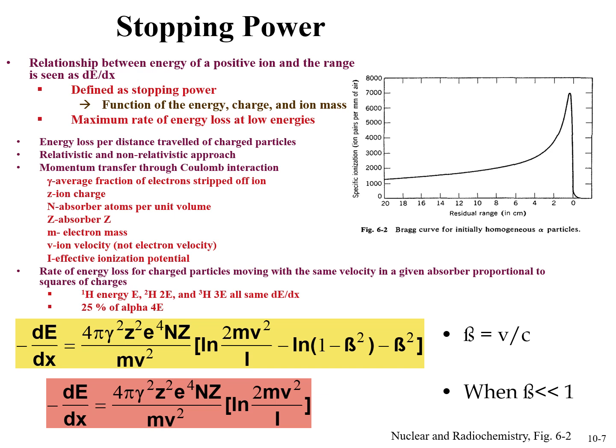What one can do is evaluate the rates of energy loss for charged particles moving with the same velocity in a given absorber is proportional to the charges. So now if one understands different absorbers, one can understand something about the energy losses because it's just proportional to the charges of a given absorber.